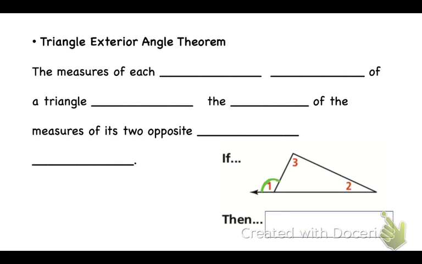So, the theorem says the measure of each exterior angle of a triangle equals the sum of the measures of the two opposite interior angles.